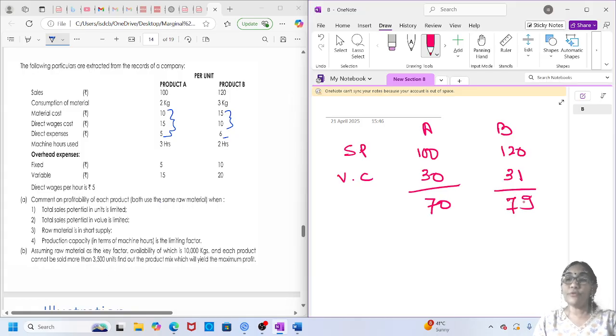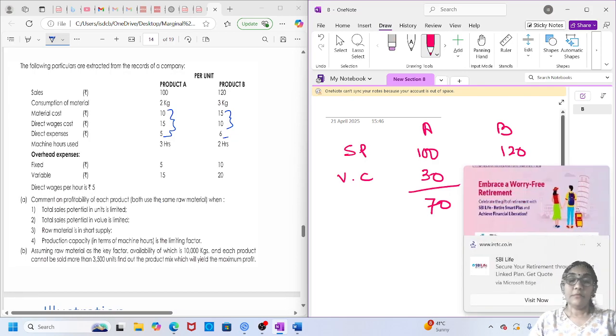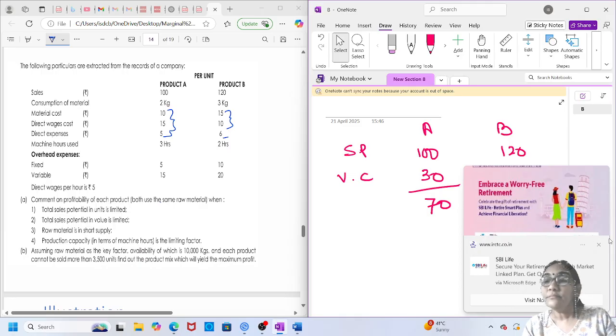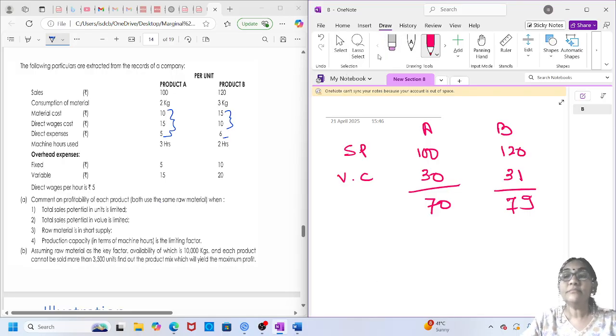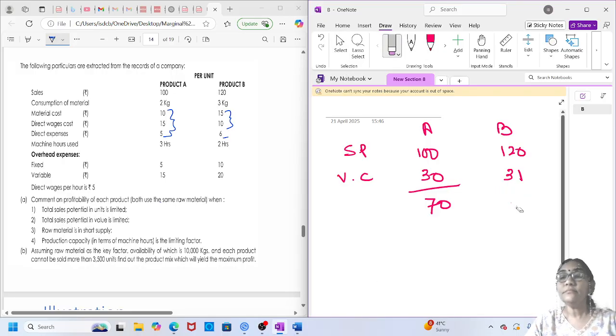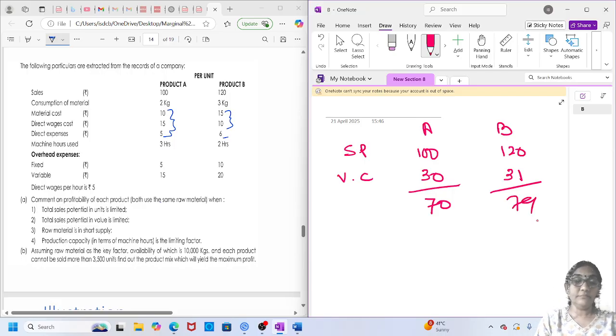This is the contribution. 120 minus 31, so 89, my bad.